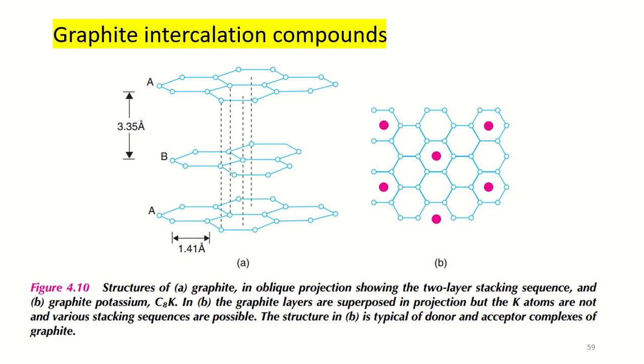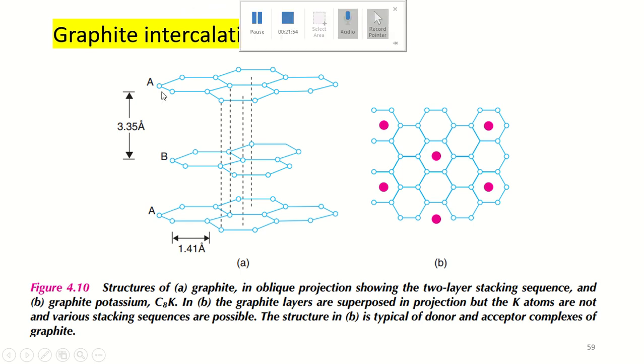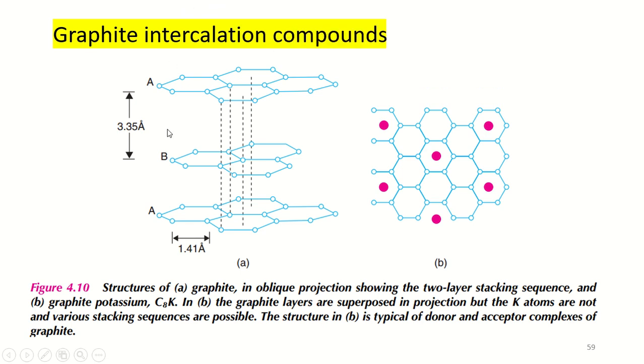But adjacent layers are held together by weak van der Waals bonds, as evidenced by the relatively large interlayer spacing of 3.35 angstrom, which is shown in this picture A. This weak bonding permits foreign species to intercalate between the layers, and it is also possible to push them apart too.